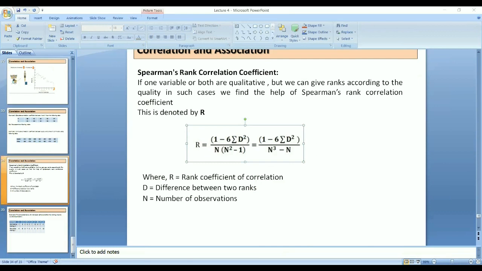So this is the formula. Try to solve this example first.